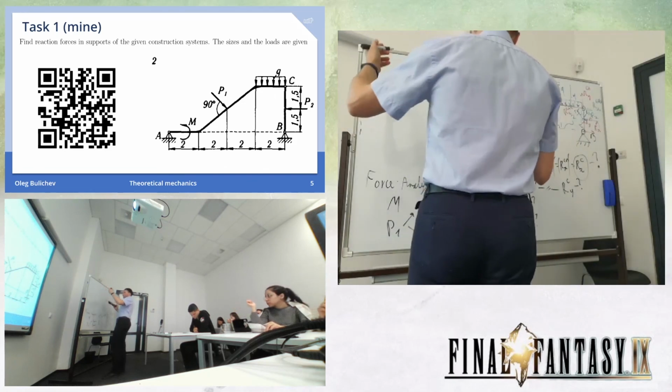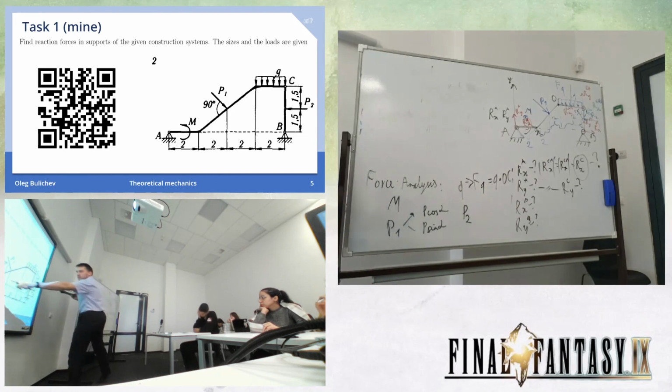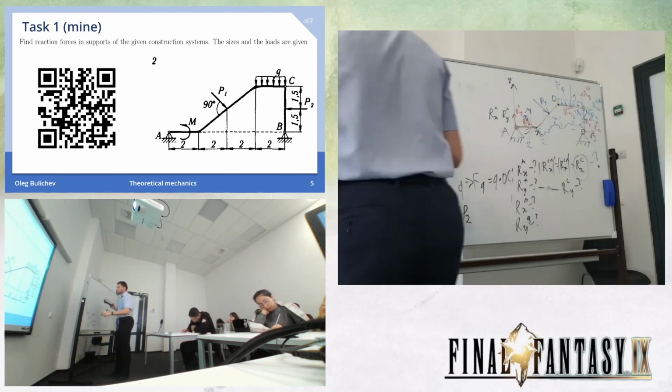So now we are writing for the first body. The first body in our case is AC.